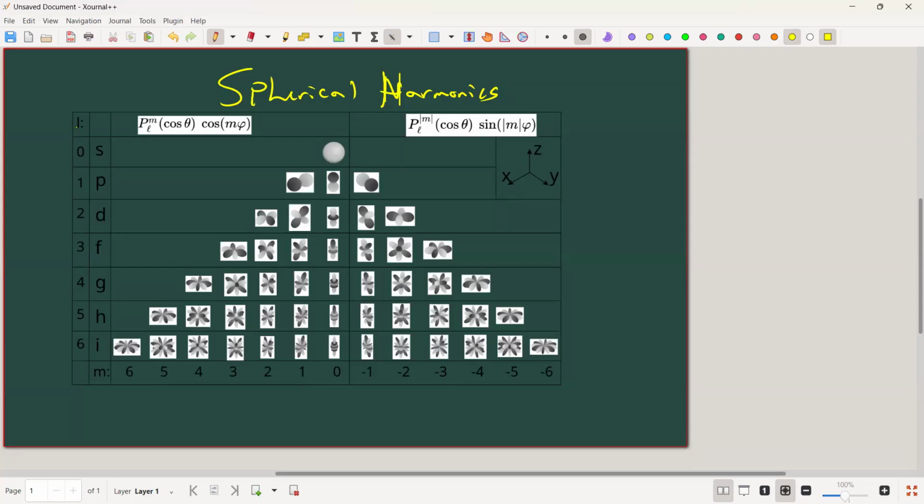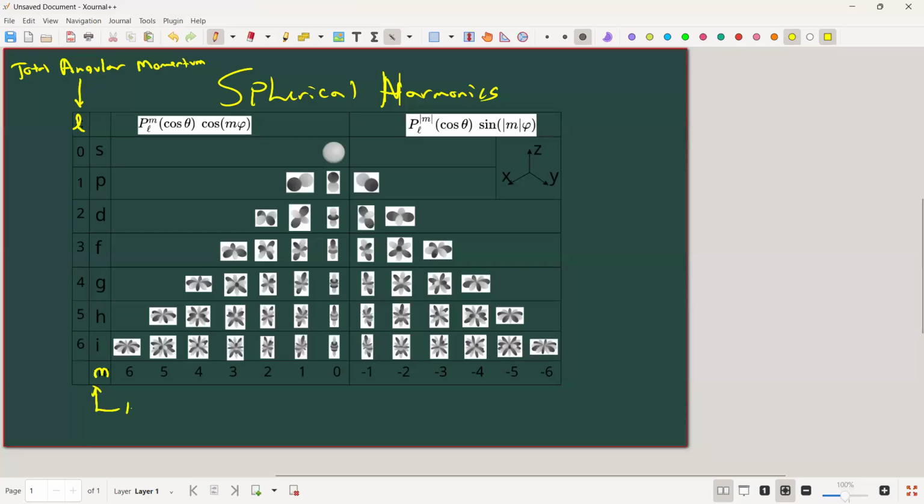The first quantum number we call L, which is what's called the total angular momentum. We'll look at the math of this more carefully in a little bit. And then there's another number called M, which is called the azimuthal quantum number.